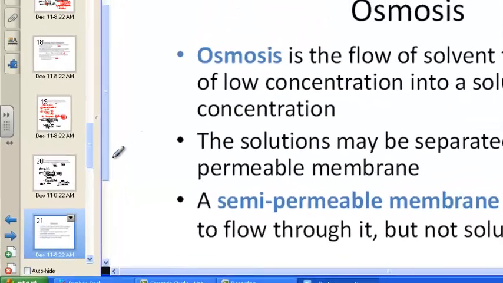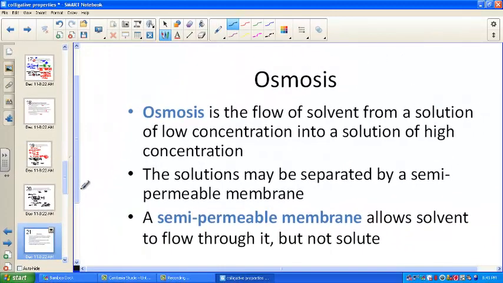The fourth and final colligative property is osmosis. The flow of a solvent through a semi-permeable membrane, perhaps like a cell membrane, is called osmosis. It tracks water flow.